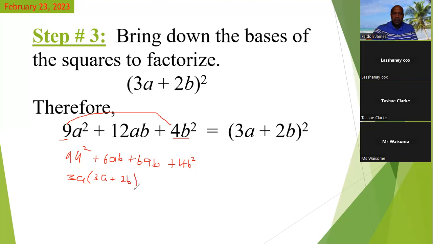And then now for the other pair, what would be the common factor? 2. All right, so we could use not just 2, but what? 2b. Sorry. 2b. So 2b into 6ab give you what? 3a. And 2b into 4b squared? 2b.